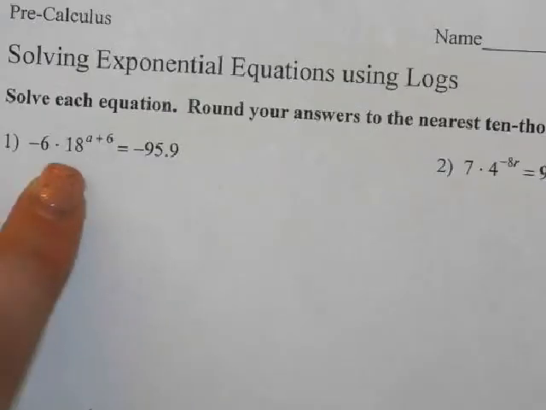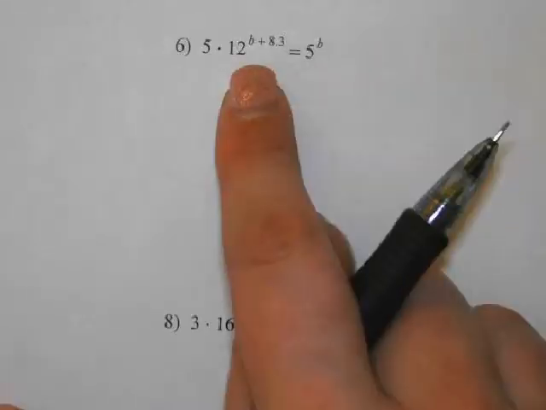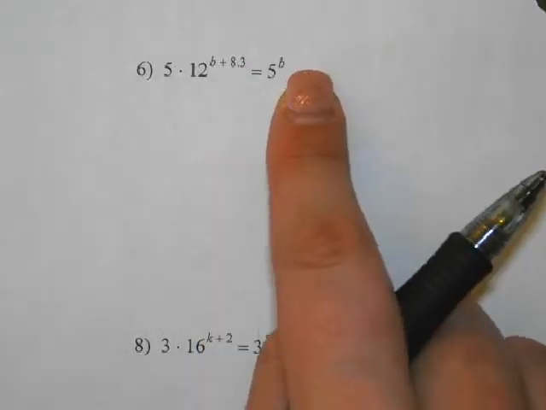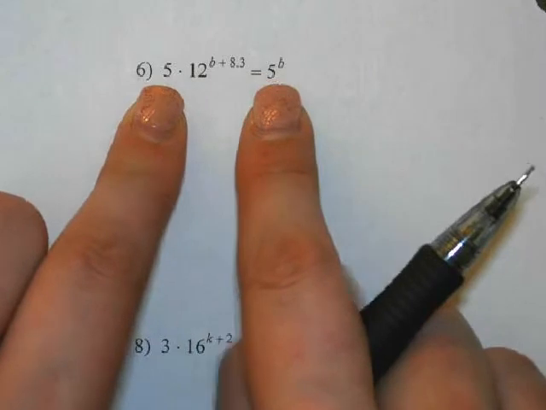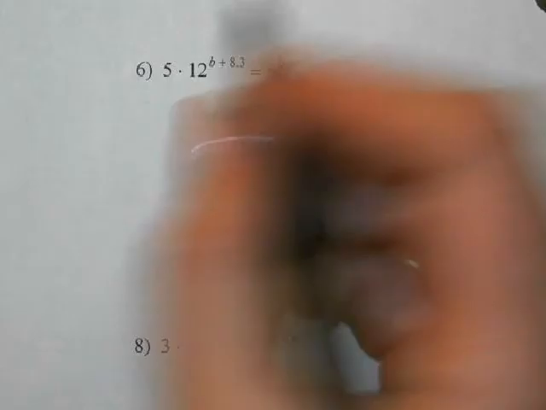So if it was kind of like number 1, then we would know, oh, just divide the -6 over and you're good to go. On this one, it's a little bit more confusing because you do have that extra exponent there. But if you guys notice, these have the same base, which means they can be put together. Okay, so I'm going to go ahead and divide by 5.